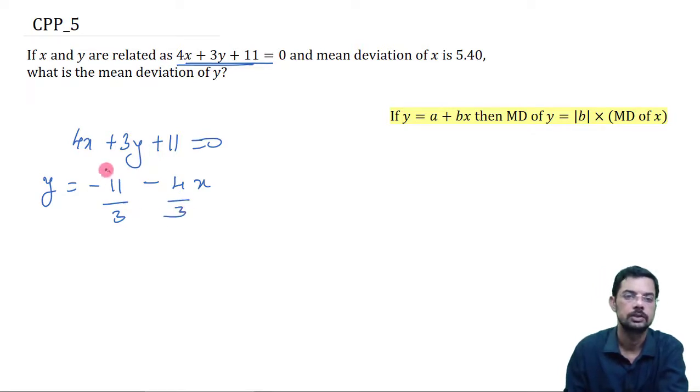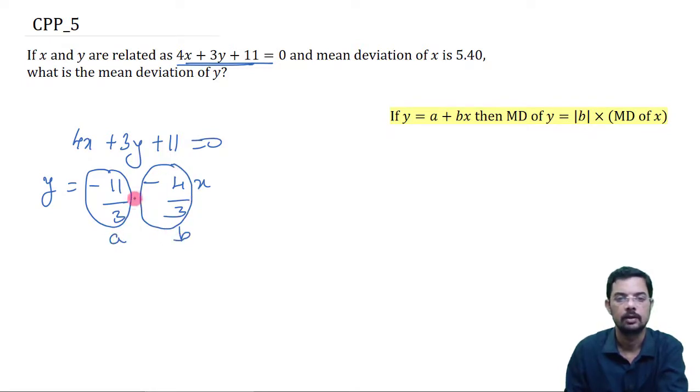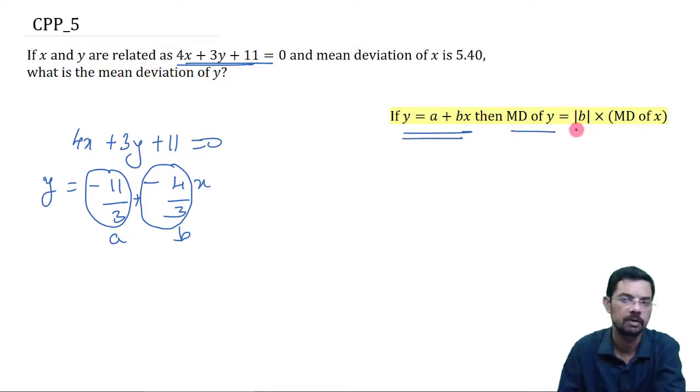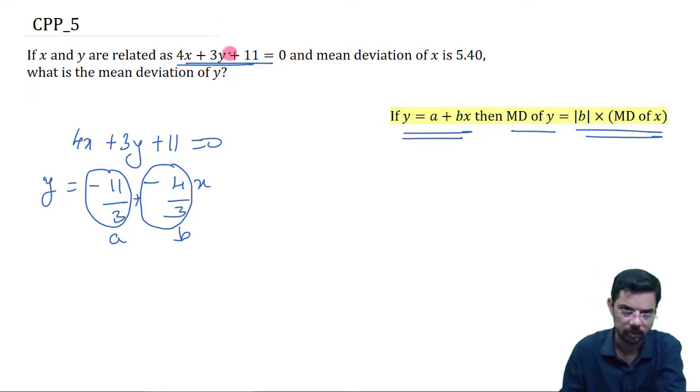So this is your A and this is your B. You can put a plus in between. So minus 11 by 3 is A, plus B into x. Then if y equals A plus Bx, the mean deviation of y will be given as modulus of B into the mean deviation of x. So we need to find the mean deviation of y here.